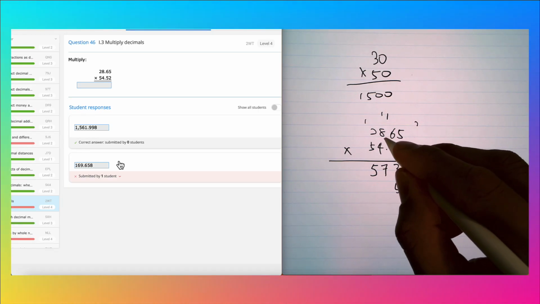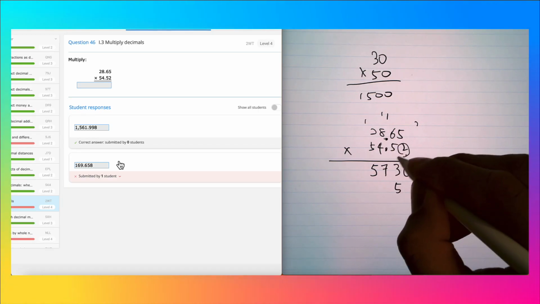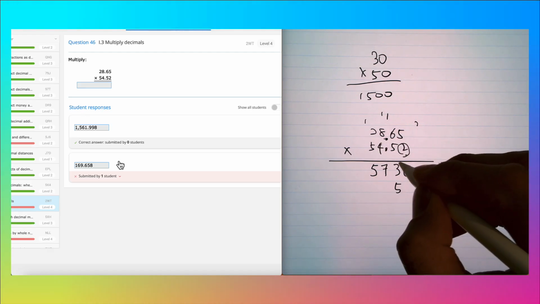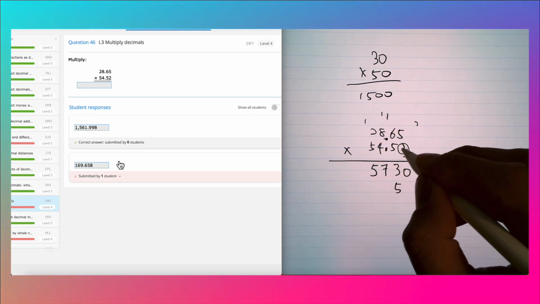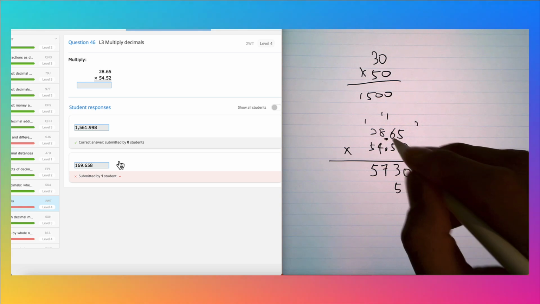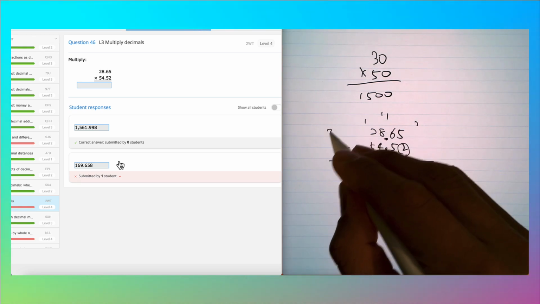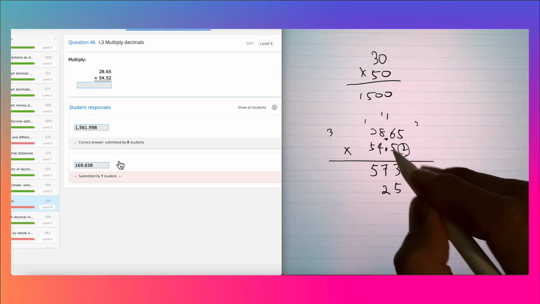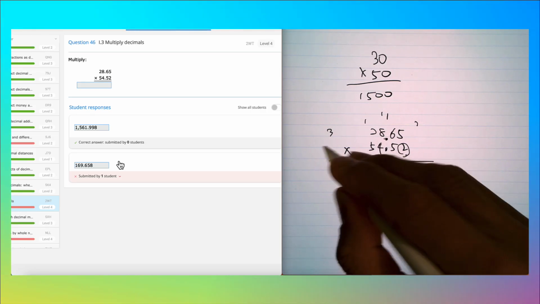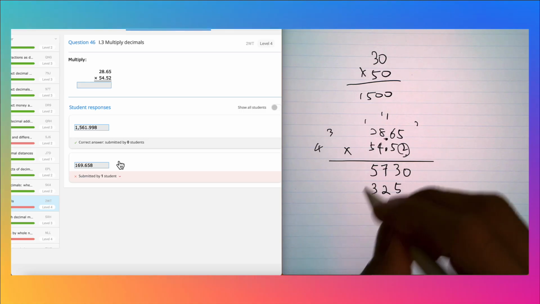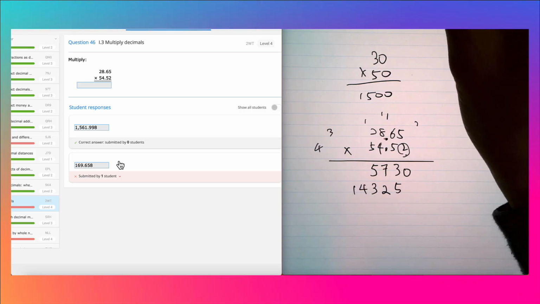Another thing is don't worry about the decimal for now. Just imagine as if you're multiplying these 4-digit numbers, and we'll take care of the decimal at the end. So 25, and we have 32, and it's going to be really messy, so I'll write there 43, and then 5 times 2, 10, 14. Now let me clean that up.